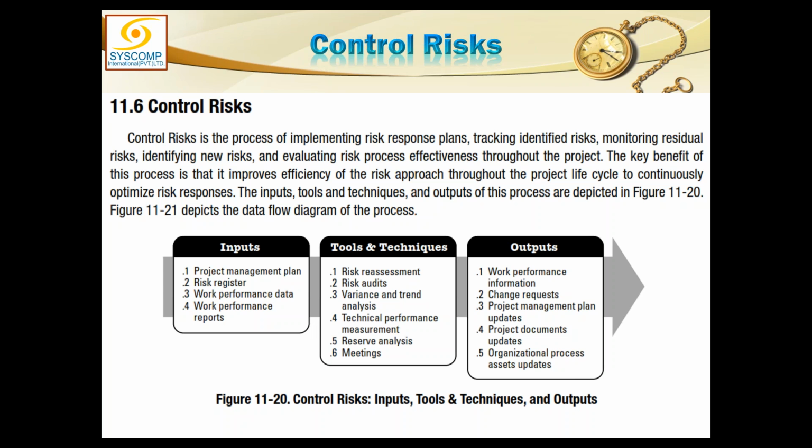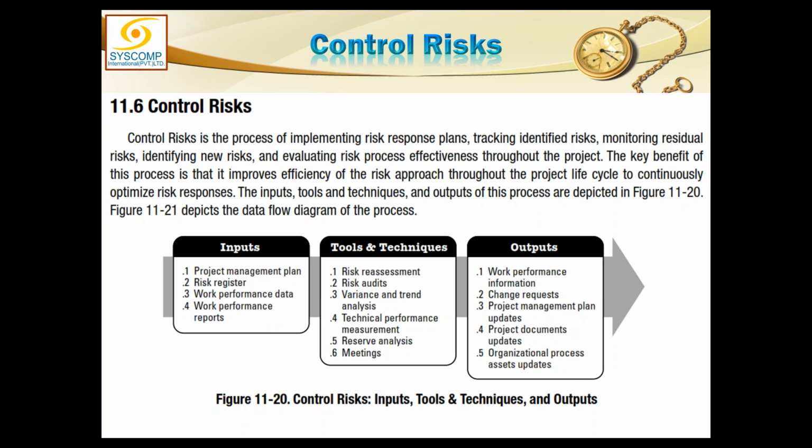So classically speaking, the inputs are the project management plan and the risk register. Naturally, this risk register is going to be ultimately updated into the project documents after this process. Work performance data, as you understand, all the controls get this work performance data from execution.